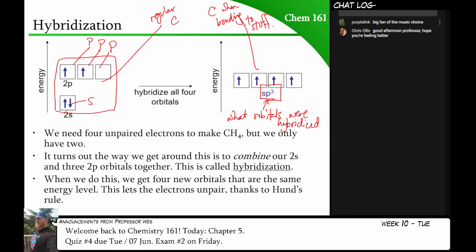All I have to do is pay this little tiny bit of energy first. And if I do that, everyone can now bond. Remember that bonds form between nuclei and energy is released. So we get more energy out by forming these bonds than we put in to hybridize a single carbon. So naturally, this will happen all the time, and it totally does.